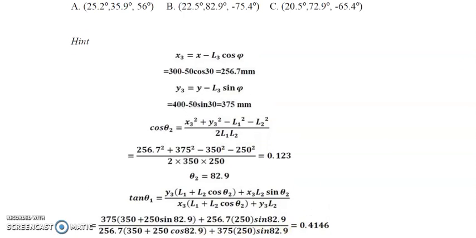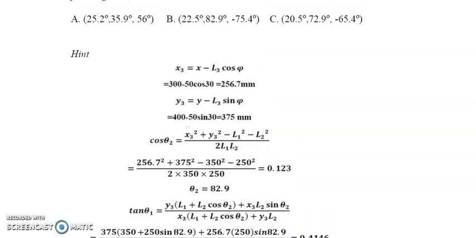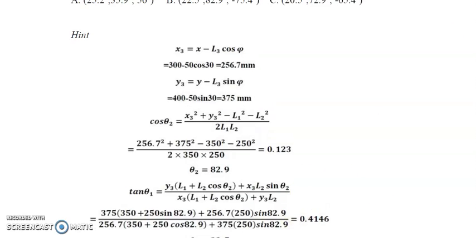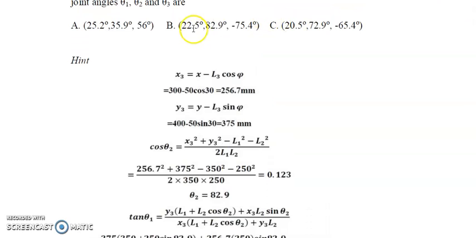So we are getting an answer: 22.5 for theta 1 and 82.9 for theta 2. So 22.5 comma 82.9, that is the theta 1 and theta 2 values.